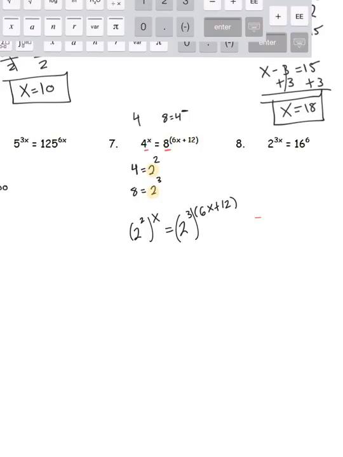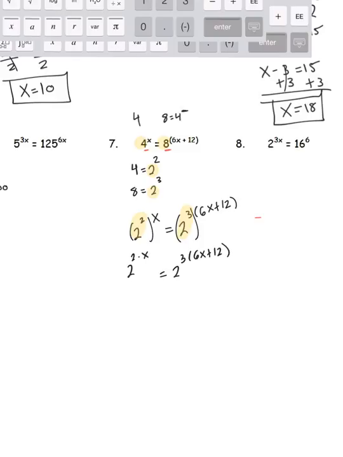Okay, so what I've done in this step is I've replaced the 4 with 2 squared, and I've replaced the 8 with 2 to the third, and the exponents have stayed the same. Now I'm going to multiply and simplify. So this is going to be 2 to the 2 times x. This is going to be 2 to the 3 times 6x plus 12.